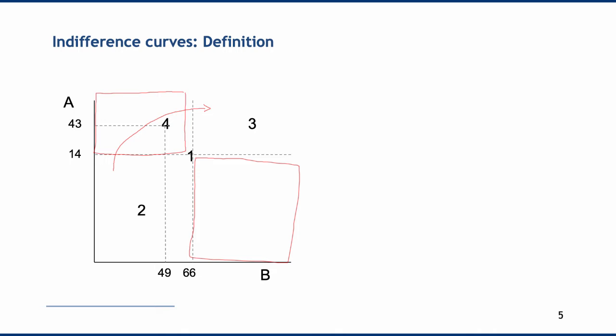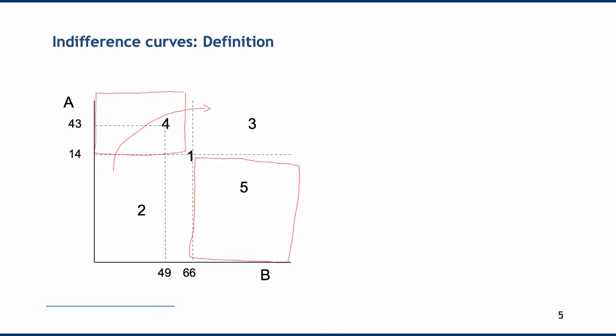Now there must also be something in the southeast quadrant that makes the consumer indifferent, so we're going to label this as bundle 5. And if we can say that the consumer is indifferent between bundle 1 and bundle 4 and between bundle 1 and bundle 5, then they must also, due to transitivity assumptions, be indifferent between bundles 4 and 5.